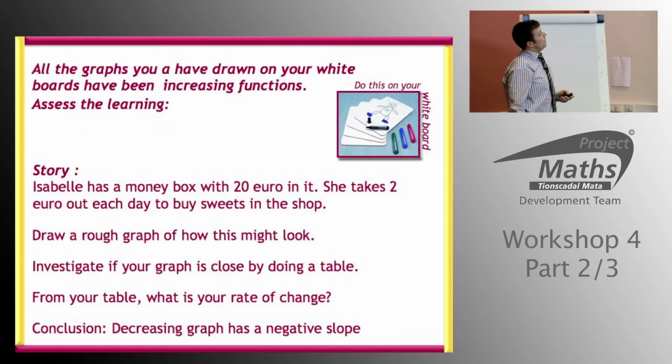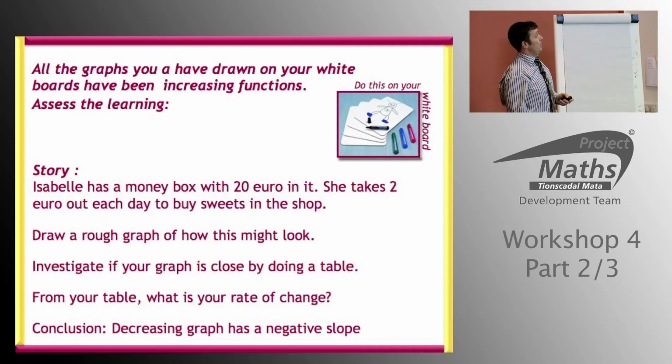Now, all the graphs you have drawn on your whiteboards have been increasing functions. Isabel had a money box with €20 in it, and she starts to take €2 out every day to buy sweets in the shop. How will we draw it? Just do a quick sketch.